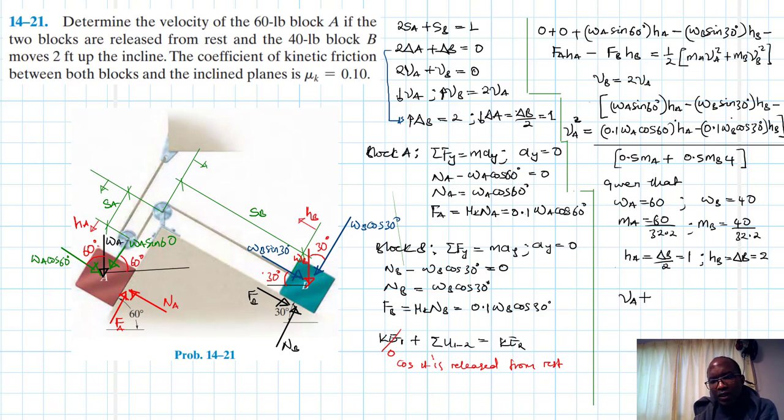Therefore, making VA the subject of the formula, don't forget to take the square root. I did both numbers because it's a little bit long.